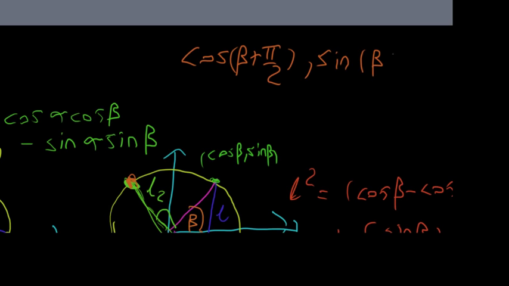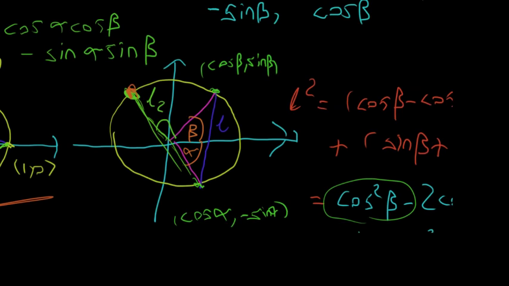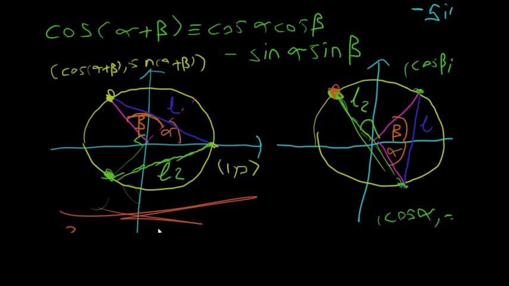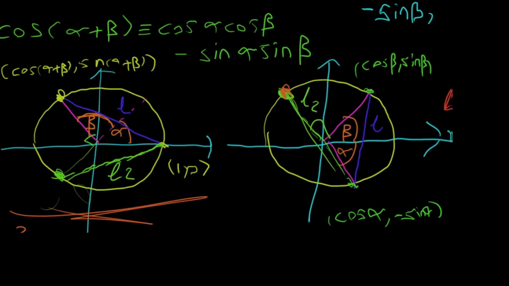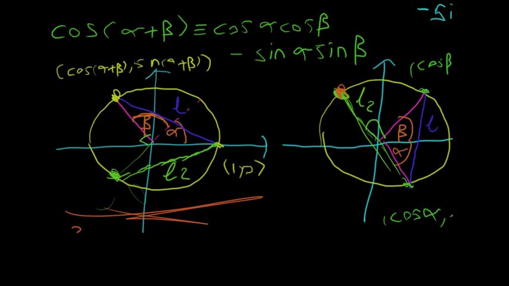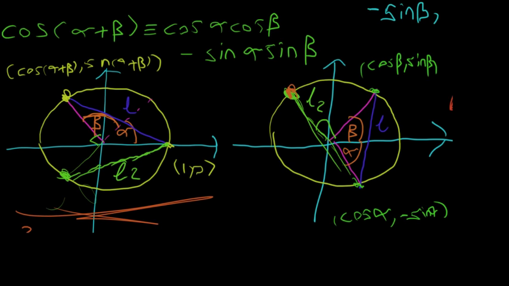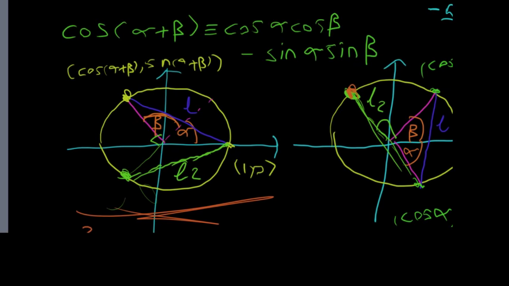But I want to just do the same thing. Instead of writing the pi over 2 in them, I'm just going to use the identity we discussed 2 videos ago. I'm going to write this as minus sine of beta, and this one as cos of beta. Okay, and then using the same methodology as I did with the blue line, we can compare the geometrical distance of the green line, and we can also get the identity out for sine.